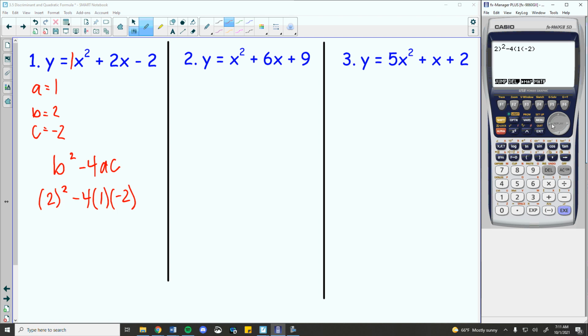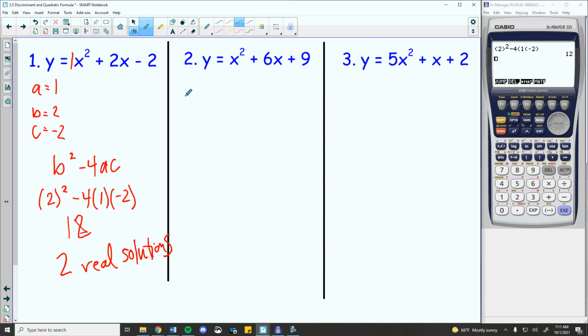We want to make sure we put everything in parentheses today. You will get some incorrect answers if you don't. So we type that in, we should get 12. Because 12 is a positive number, I have 2 real solutions. A positive number means I have 2 solutions. This graph would cross my x-axis in 2 places.